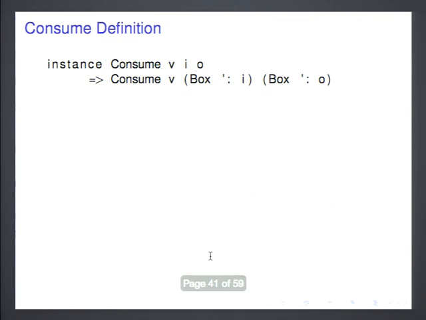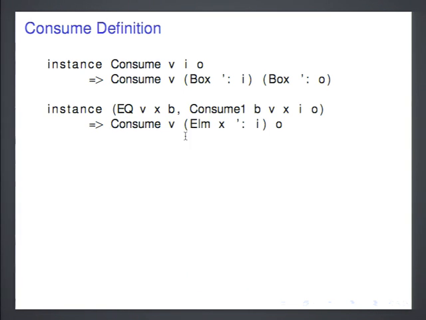Right? So, as I just said, you can consume V in a context that begins with a box if you can consume V in the rest of it, right? And then you can consume V in a context that begins with an element X if this helper predicate holds, where we pass here eq of V, X and V, and I will define eq in a minute, but it's essentially whether or not V and X unify.